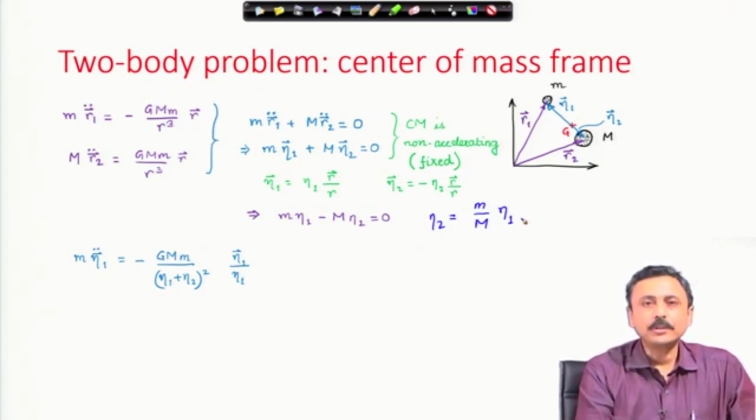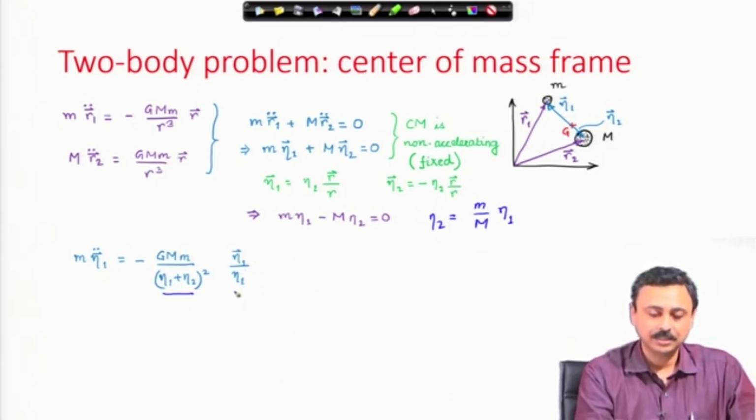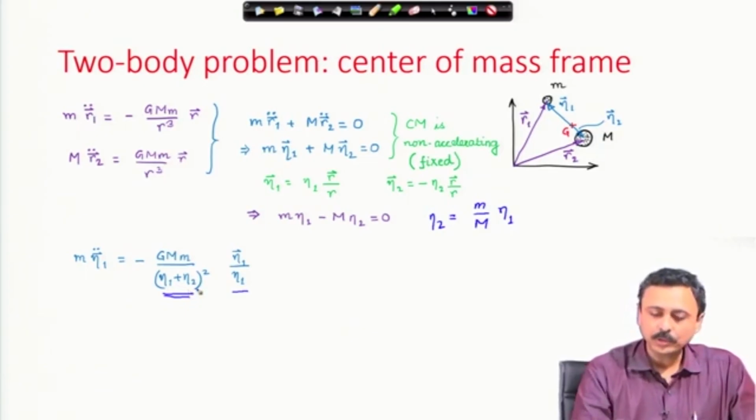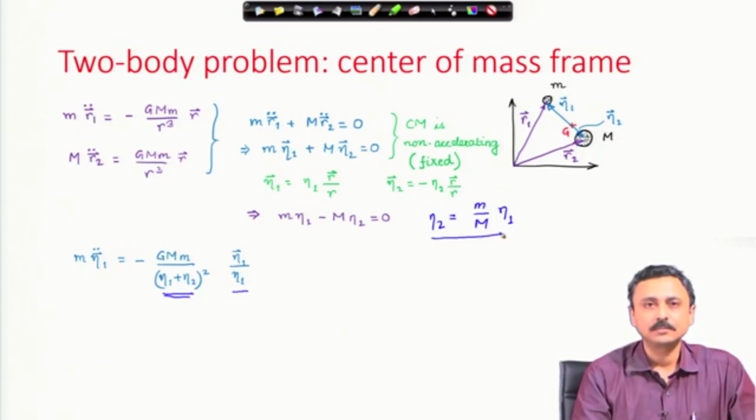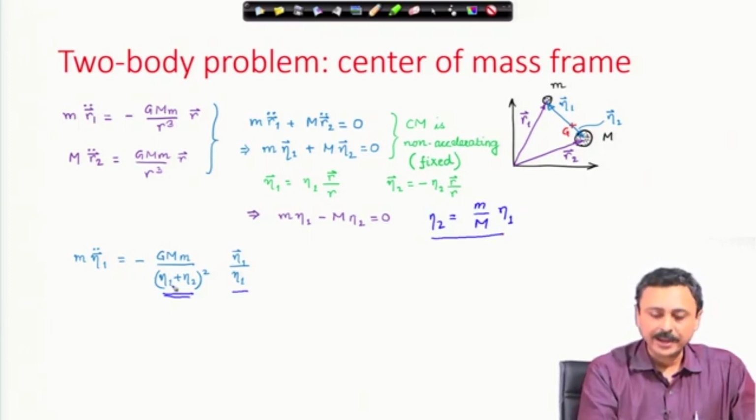Now, for the small mass, m eta 1 double dot is therefore minus G m M by eta 1 plus eta 2 whole square times unit vector eta 1. This is the total distance between small m and capital M, because eta 1 and eta 2 are magnitudes, remember. Eta 2 now I will replace with this expression and I will pull out eta 1. Then what do I get?